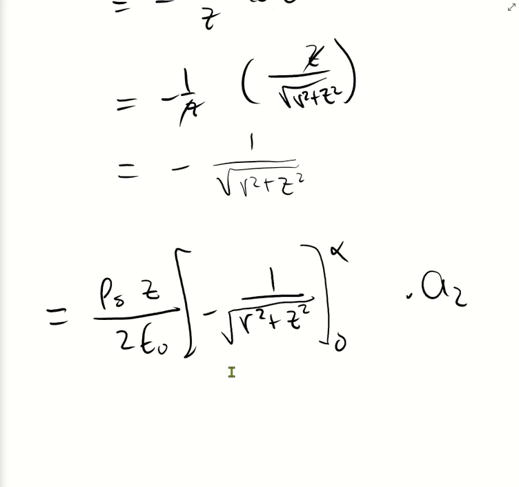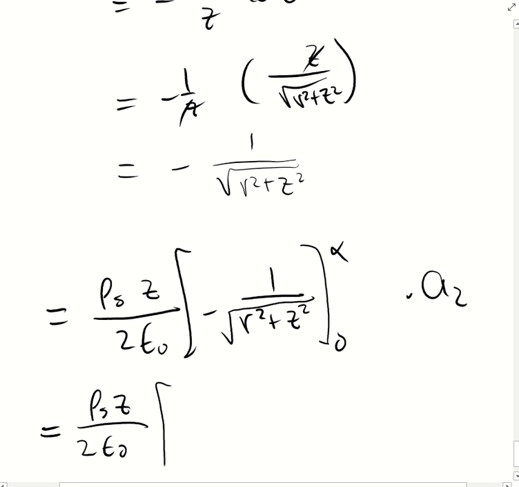Then upper limit minus lower limit. So this will be equal to rho s z all over 2 epsilon naught times the limit of negative 1 over the square root of r squared plus z squared as r approaches infinity, upper limit, minus the lower limit.